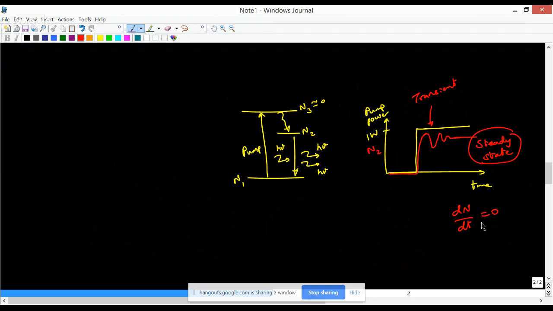That makes our discussion much simpler. If you want to capture what is happening in the transient condition, then dN over dt you cannot make 0. You have to find the time-dependent solutions for the atomic density. So that is a little more complicated.